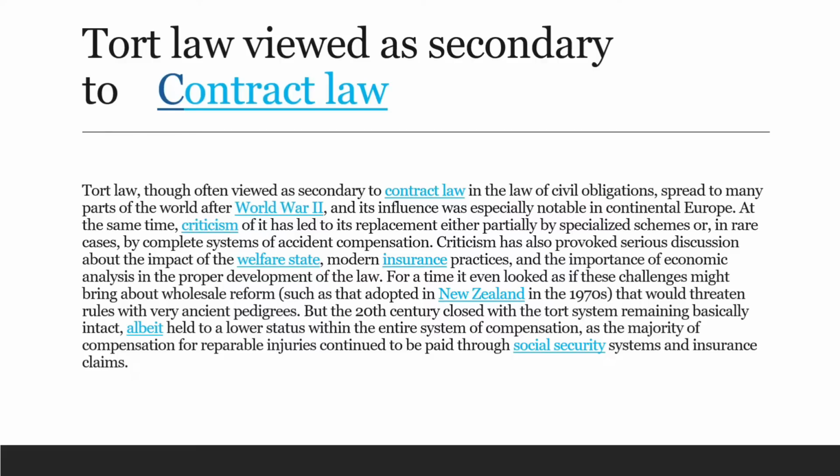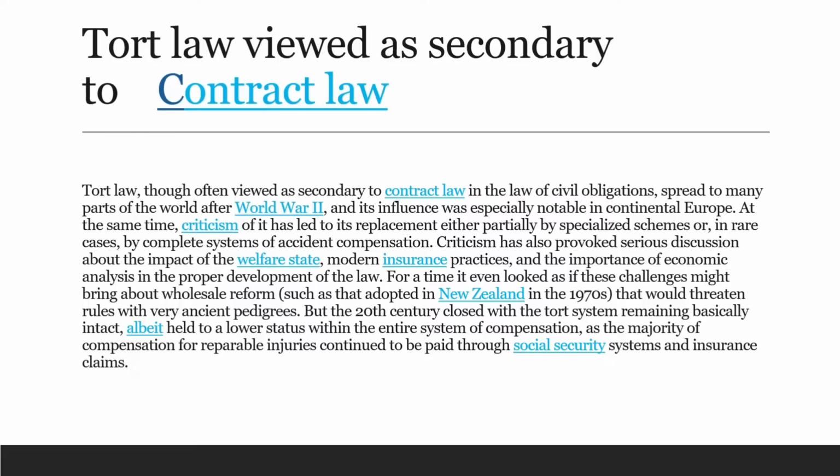Criticism has also provoked serious discussion about the impact of the welfare state, modern insurance practices, and the importance of economic analysis in the proper development of the law. For a time, it even looked as if these challenges might bring about wholesale reform, such as that adopted in New Zealand in the 1970s, that would threaten rules with very ancient pedigrees.